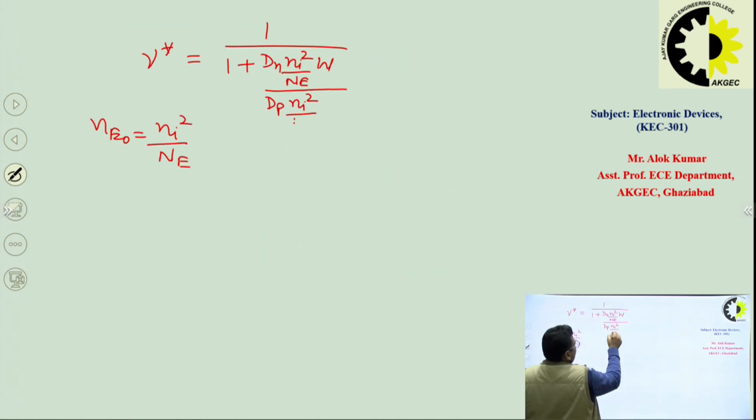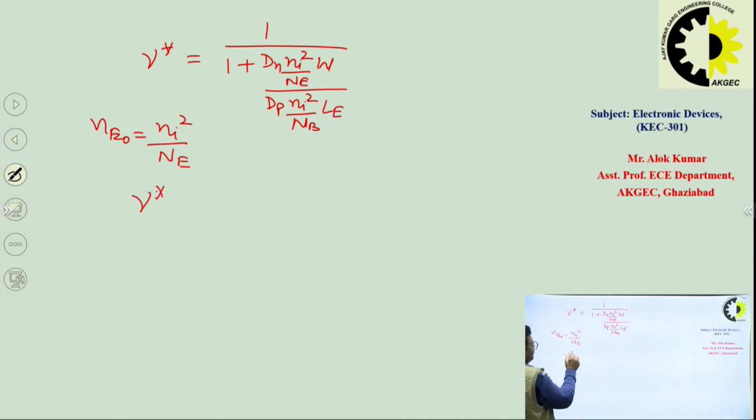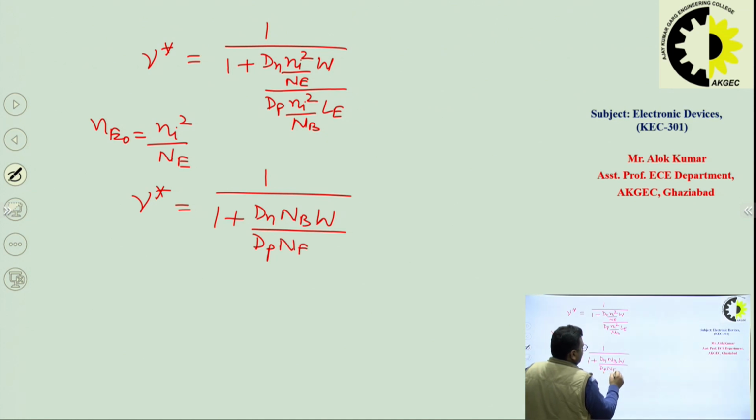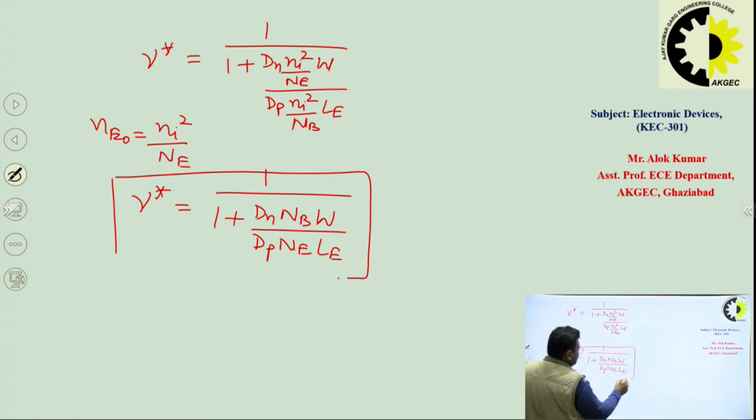So here I can write Nb into Le. Okay. Now this gamma star will be 1 upon 1 plus dn into Nb into W divided by dP into Ne into Le. So this will be the final value of emitter injection efficiency.